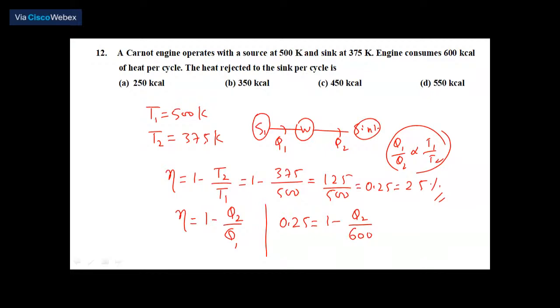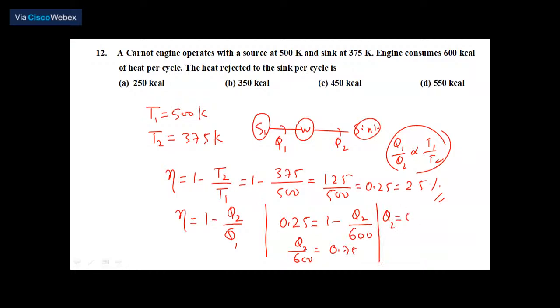So 0.25 is equal to 1 minus Q2 divided by 600, or Q2 divided by 600 is equal to 1 minus 0.25, that is 0.75.